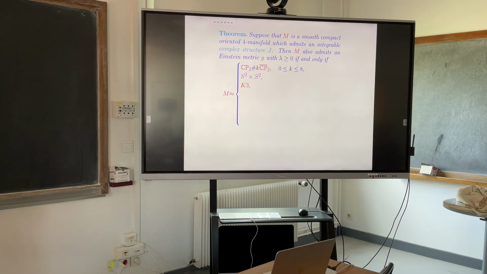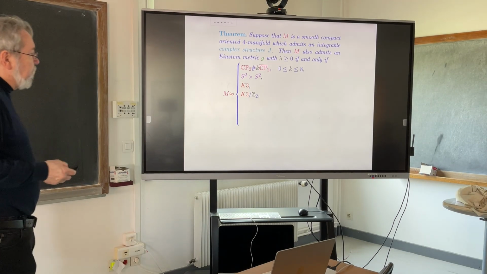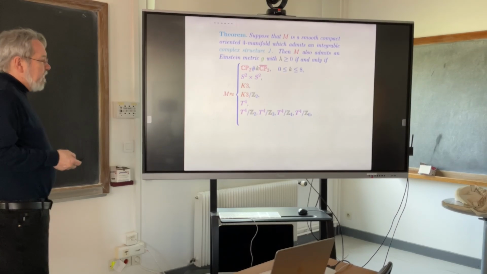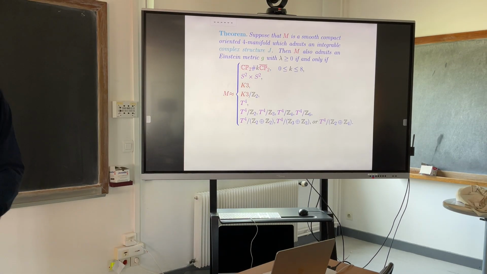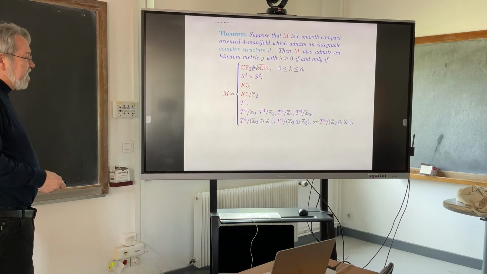But we know about the K3 surface. The K3 has a Z2 quotient called the Enriques surface. Then we have the flat four torus, and then there's a finite list of finite groups that act on the four torus by isometries. What one can prove is that this list is up to diffeomorphism type. These are the only possibilities.